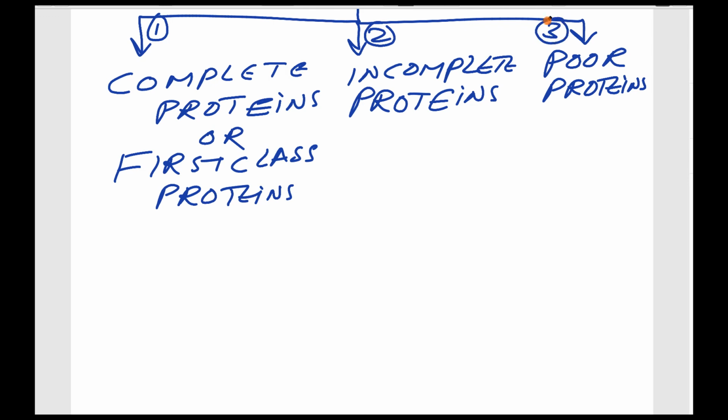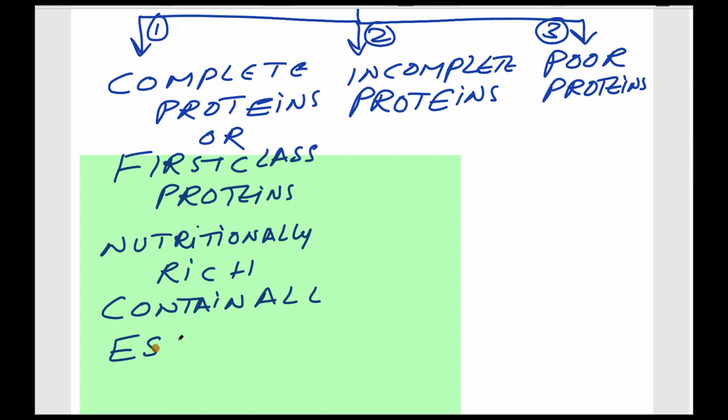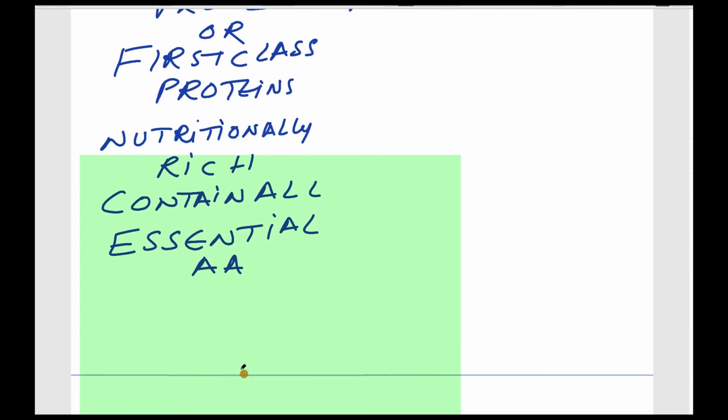Complete proteins, or first class proteins, are nutritionally rich. They contain all essential amino acids, and not only that, but in the required quantity.